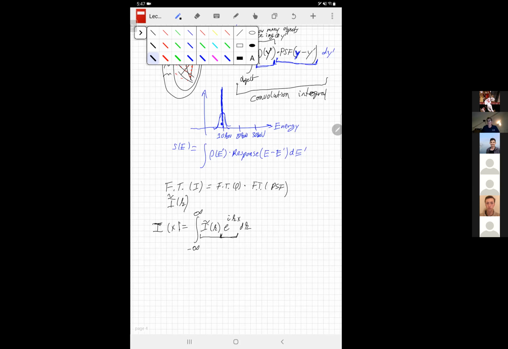And likewise, the intensity, the actual image we get, is just a bunch of sine waves. Now the object, I should have written this as y, to be consistent, the object, likewise, could be written in the same way. This is one of the common notations. They just put a little tilde over it to mean that this is the Fourier transform of the function rho.